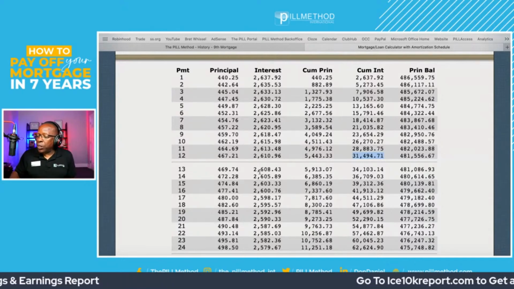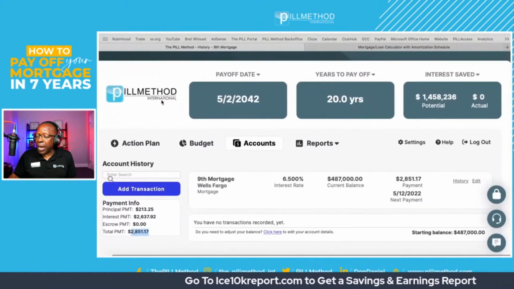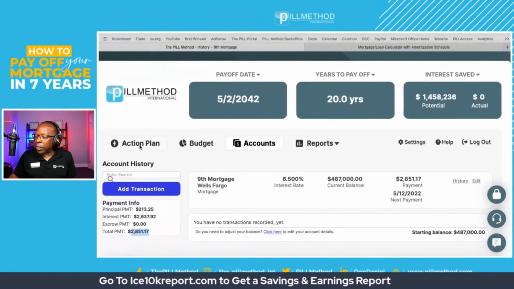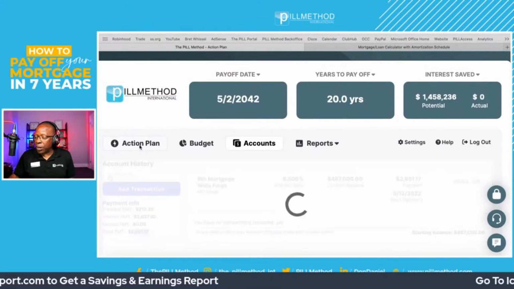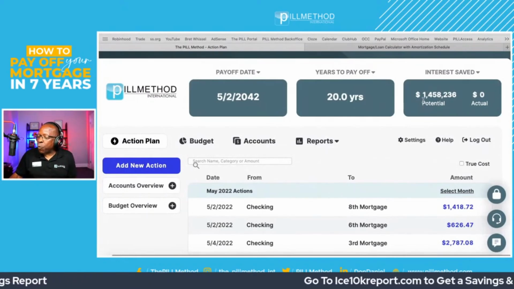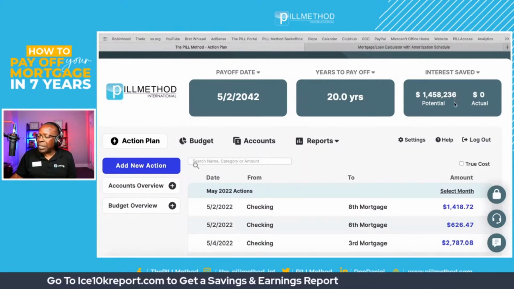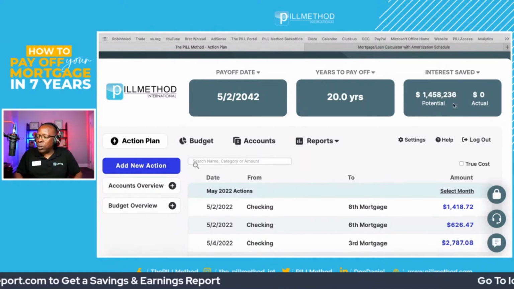Now, if we could save, let's go back to the program. Let's go back to the program and look at the action plan here. $487,000. Go back to the action plan. Look at this. If we could save $1,458,236 in interest, what could we do with that?